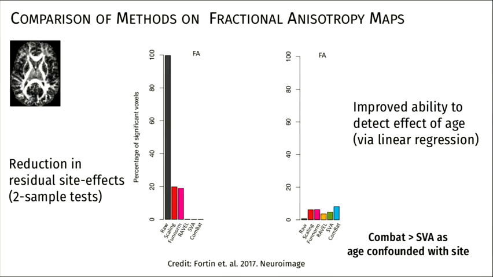One of the reasons in this particular data set that Combat did much better than SVA is that SVA makes some assumptions about the relationship between your latent variables and the covariates of interest. In this case, age is the covariate of interest, and the site and the age are confounded with each other, so SVA kind of lost some signal here compared to Combat.